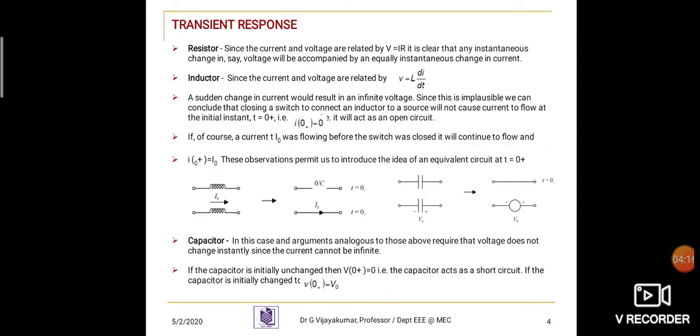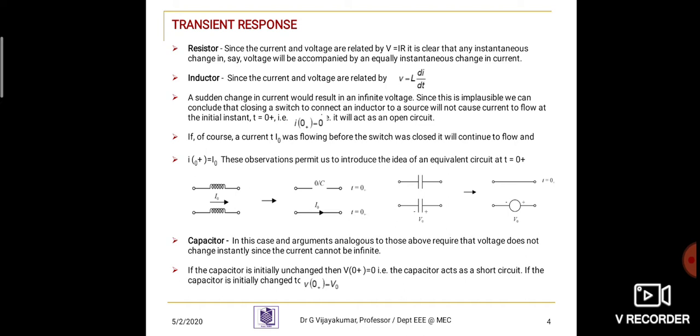Next one, transient response. Before entering into this syllabus content, we must know what will happen when I am applying a voltage across the resistive element, inductive element and capacitive element.